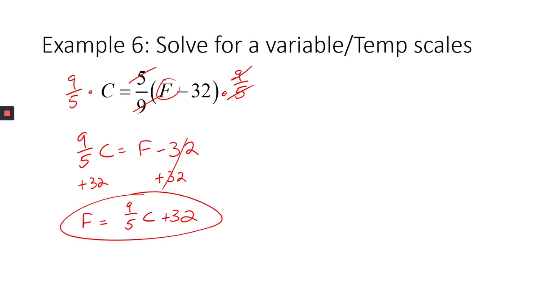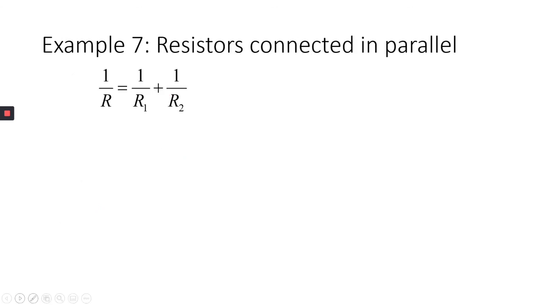So all we're trying to do is to get the f by itself. Now we're going to go through one more example real fast. I didn't put this in the notes, but I want this one to be solved for R1. This does have our least common denominator stuff going on. So let's see, this guy's missing an R1 and R2.